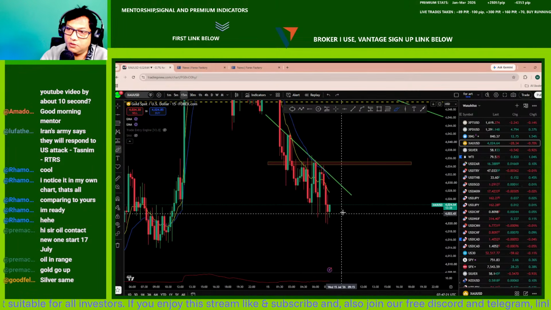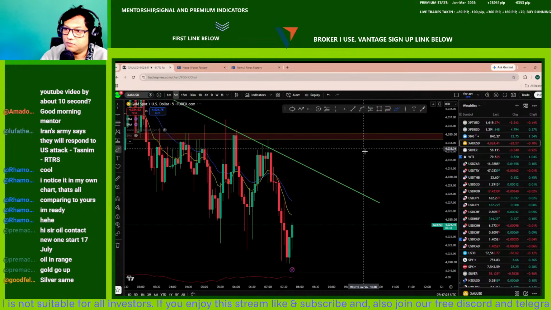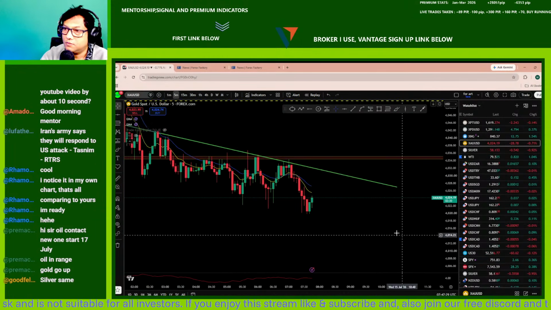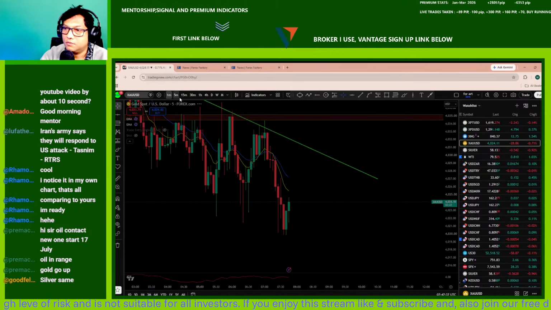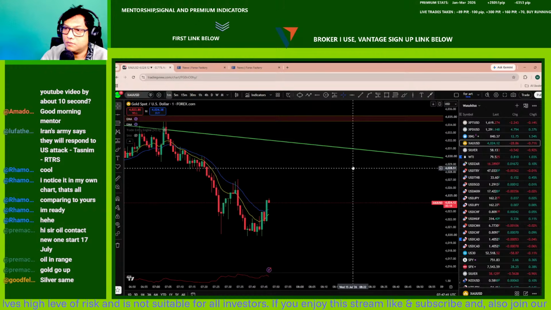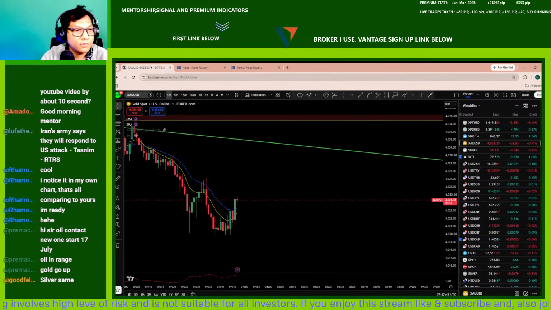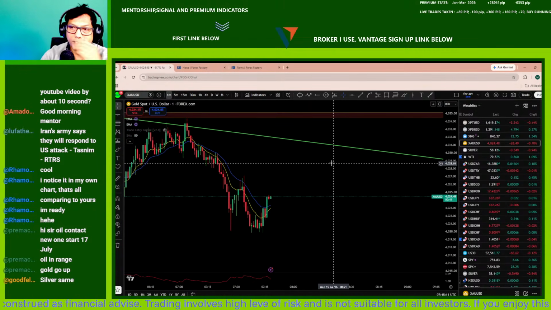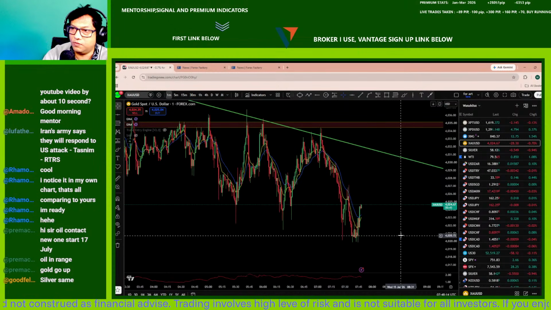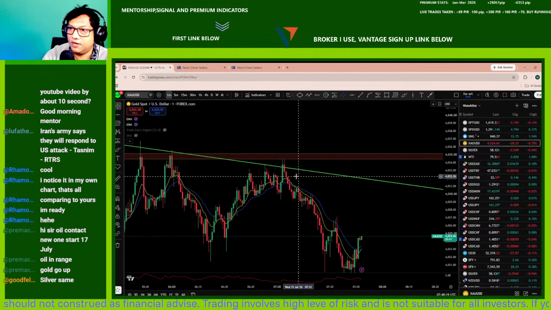So if this is a breakout from the channel, yeah, it could go. If you look at this support, this is an order block as well at this level.